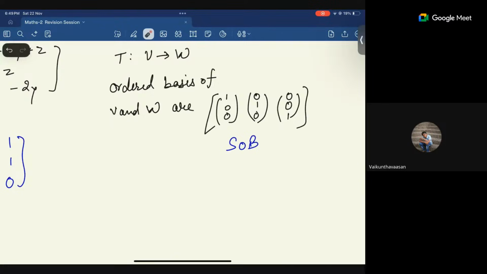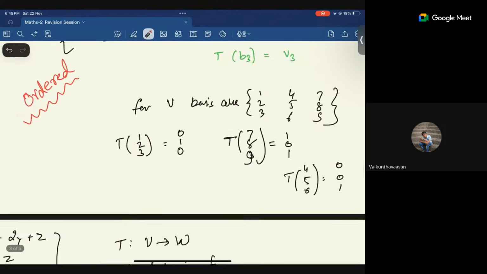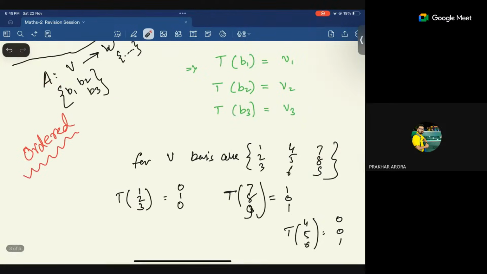Sir, scroll up a little bit. Can you show that input matrix again?